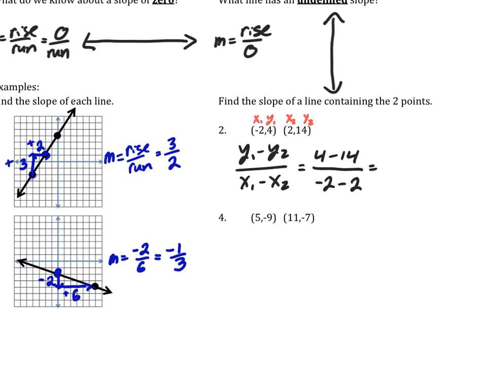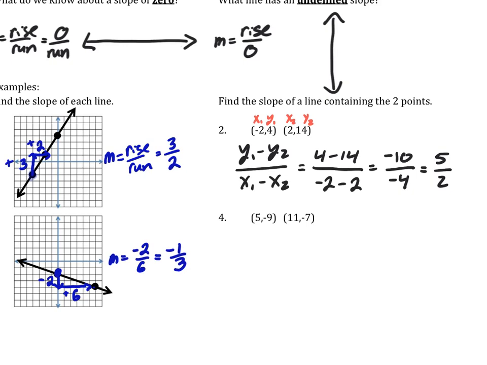So 4 minus 14 is a -10. -2 minus 2 is a -4, and we always want to check and see if we can reduce our fraction, which we can. And here it would be 5/2.